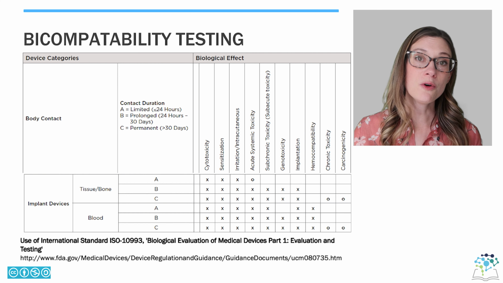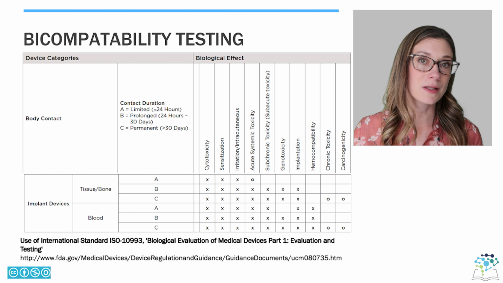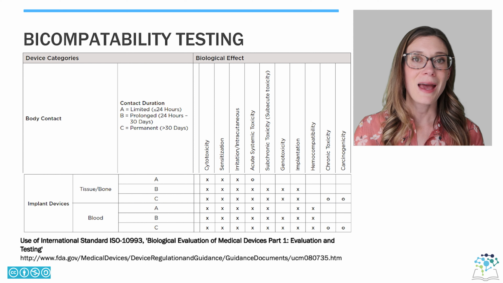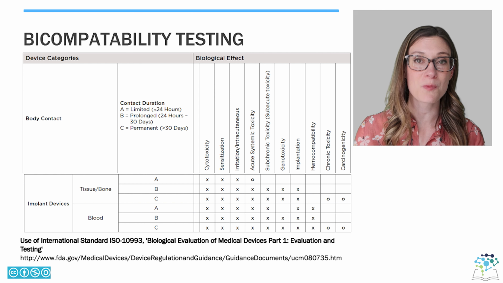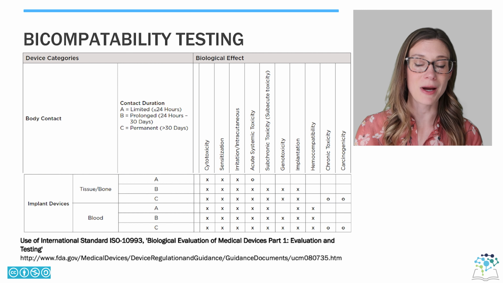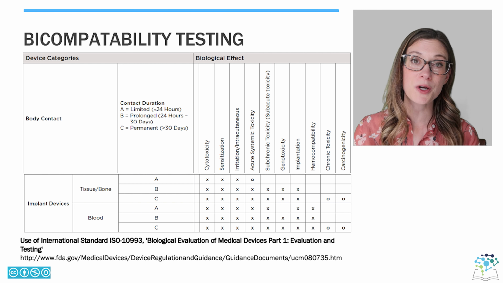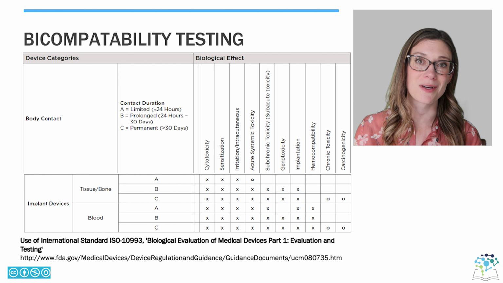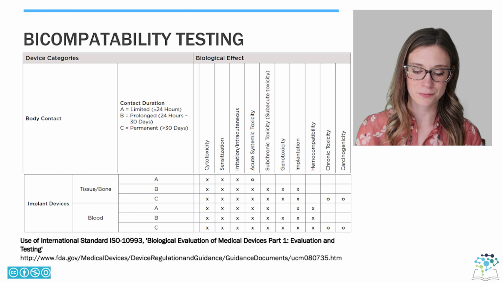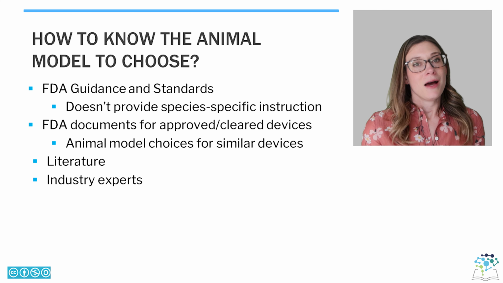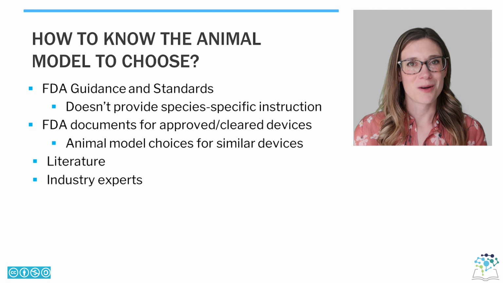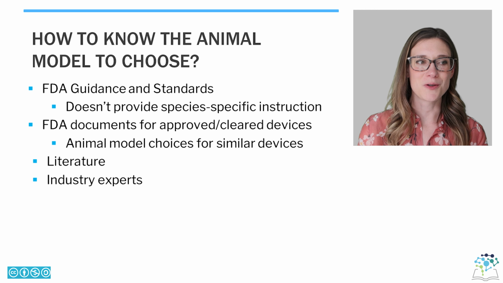Now, when you move into some of the chronic testing, which can include the chronic toxicity studies that are required for biocompatibility, and also chronic device use studies that may be additionally required by the FDA, that's where you'll need a little bit more information about which animal species to choose. So how do you make that determination? How do you know which animal model to choose for your chronic use studies?